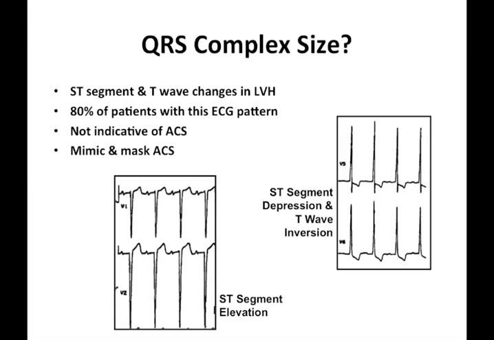The ST segment T-wave changes seen in LVH can mimic or confuse the unwary interpreter to think that STEMI is present when in fact it is not. 80% of patients with this ECG pattern will have ST segment changes that are not indicative of ACS, and that's why it's important to use this algorithm so we can exclude this finding from consideration.